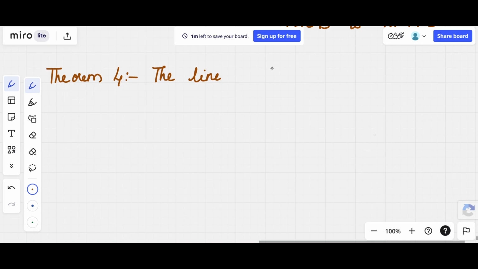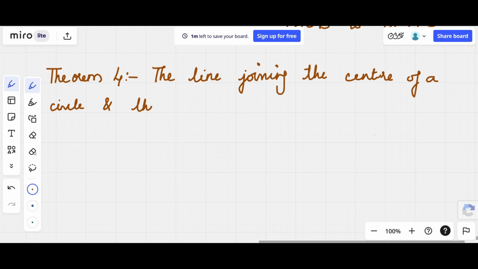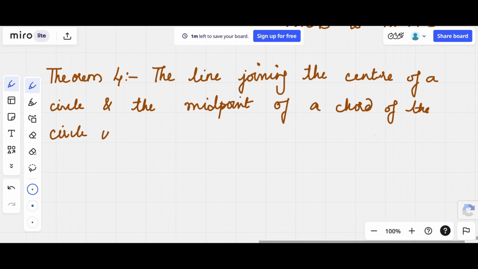So, theorem number 4: the line joining the center of a circle and the midpoint of a chord of the circle is perpendicular to the chord.